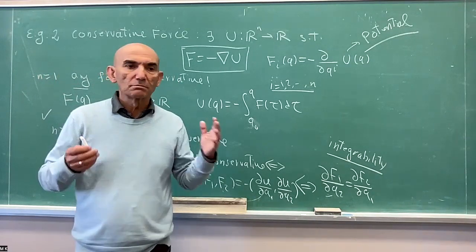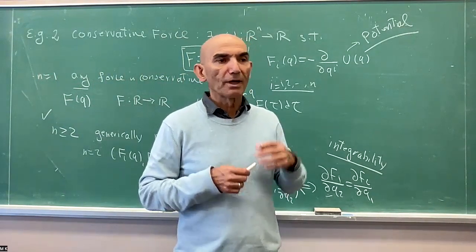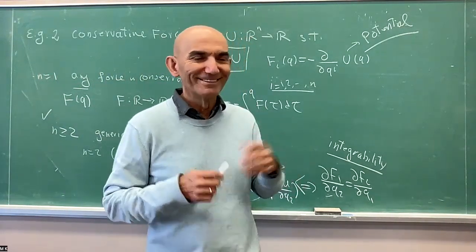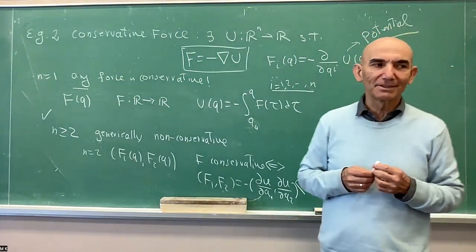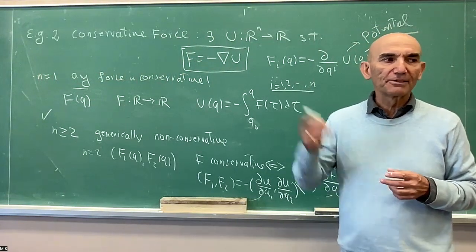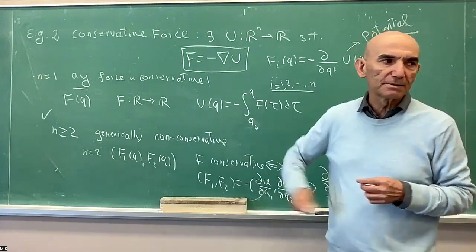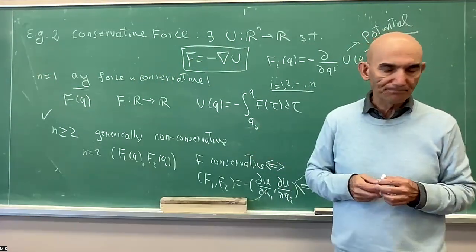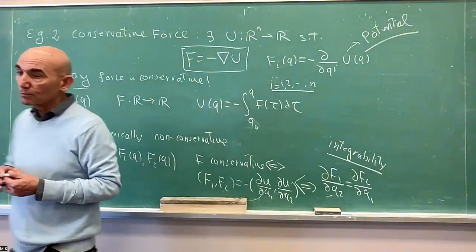We should derive some condition, but I don't want to discuss it right now, because it's not part of the agenda. It's good to think about what the necessary and sufficient conditions are for a vector field in Rn to be conservative, to have this potential.